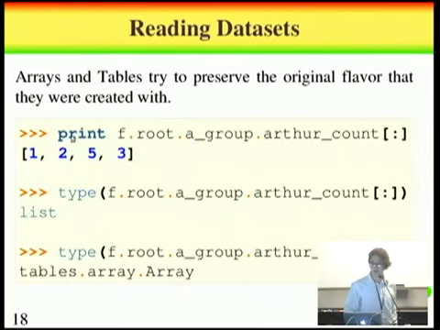So here, when you ask for Arthur count, what you in fact get is a normal Python list. You can check that with any sort of type checking mechanism that you choose. But if this was an array, you would have gotten an array.